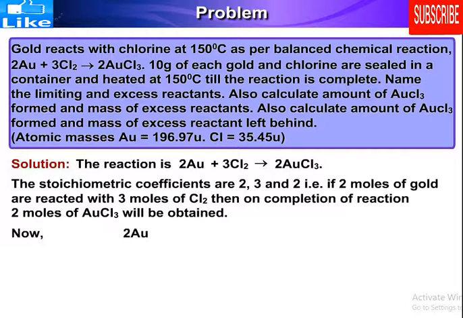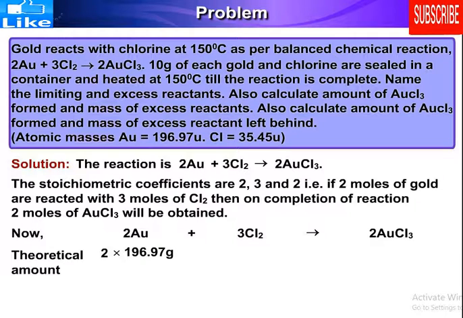Now, 2Au plus 3Cl2 gives 2AuCl3. Theoretical amount: 2 multiplied by 196.97 grams plus 3 multiplied by 35.45 multiplied by 2 gives 2 into the bracket of 196.97 plus 3 multiplied by 35.45.